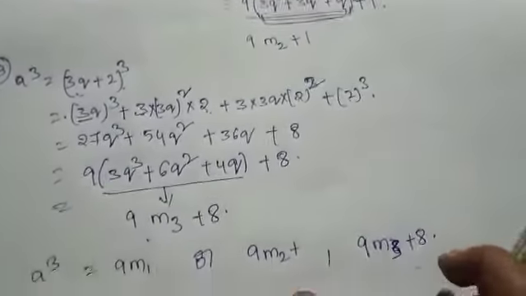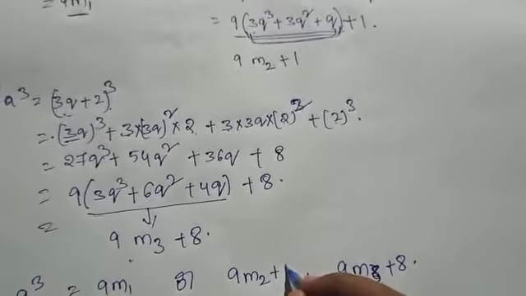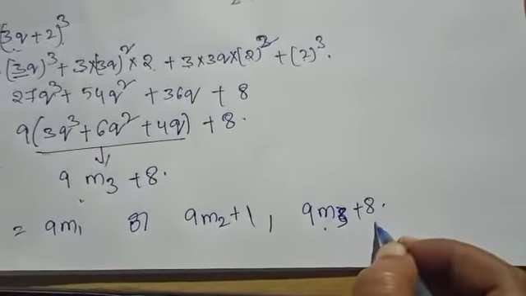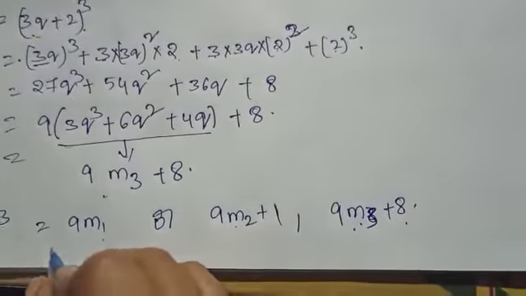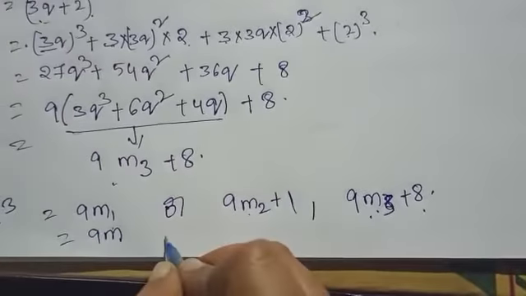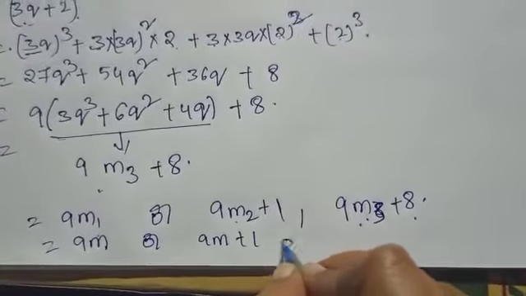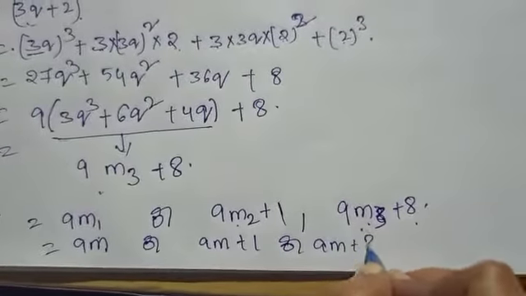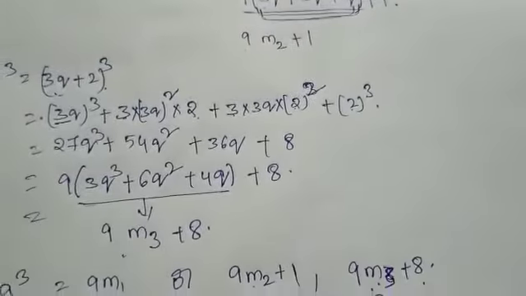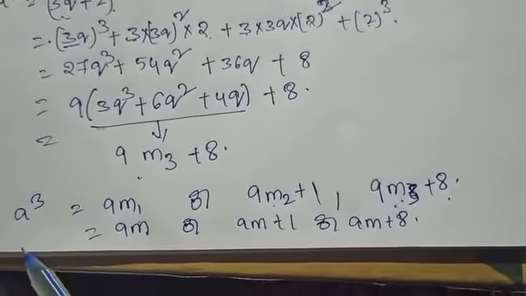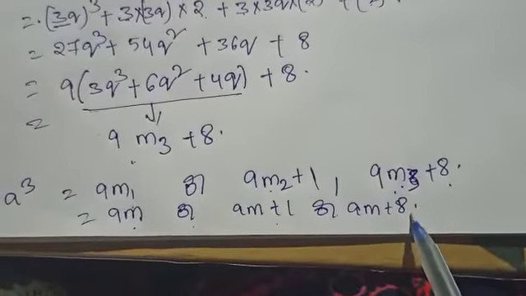Here we get 9m1, or 9m2 plus 1, or 9m3 plus 8. Generally we write m instead of m1, m2, m3: 9m, or 9m plus 1, or 9m plus 8. Hence proved: the cube of any positive integer is of the form 9m, or 9m plus 1, or 9m plus 8.